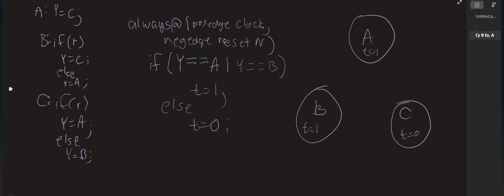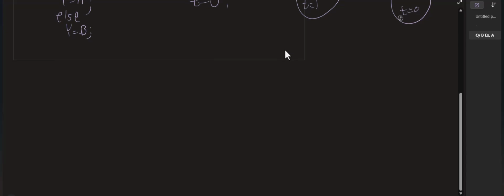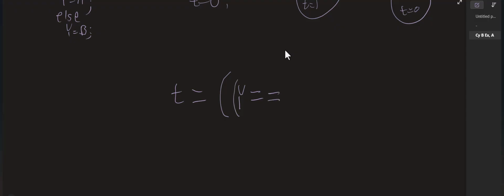Now, I could have set this up in just one line. I could have also said this: T equals y equals A or y equals B. That one line also gets me the output that I want because these have a truth value.